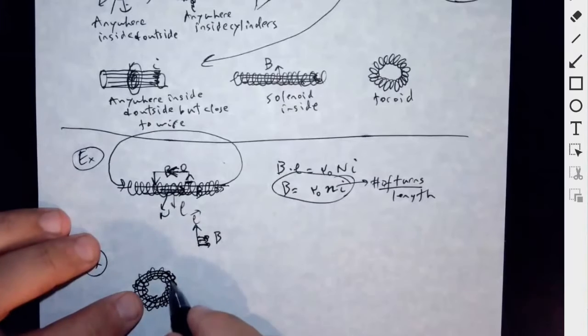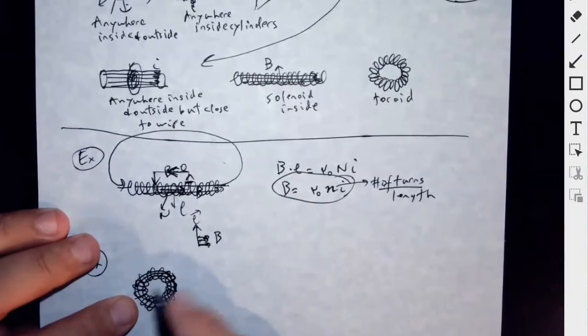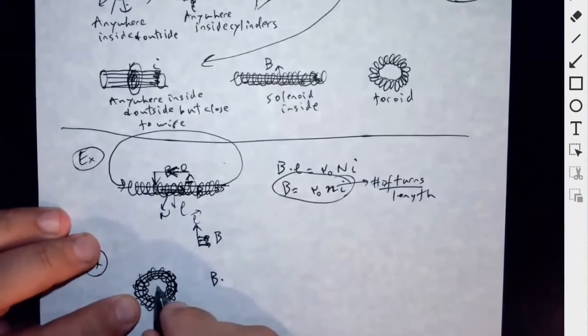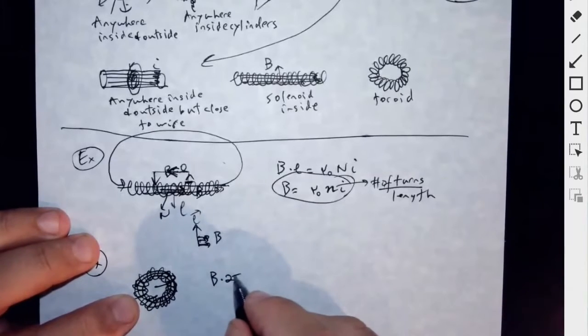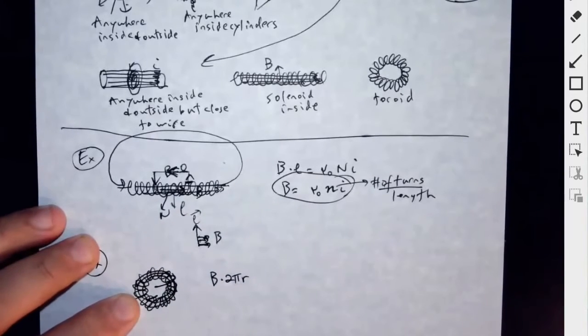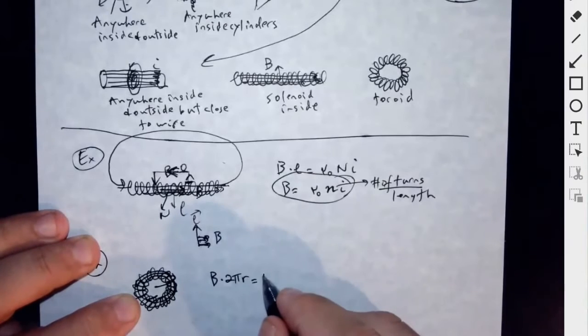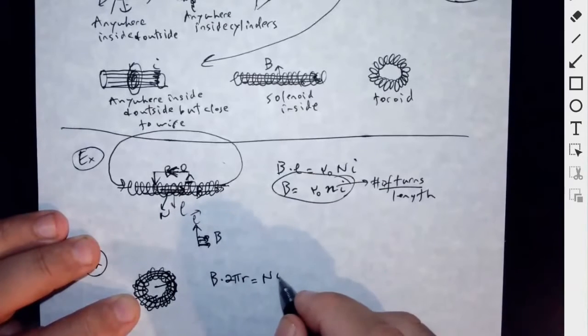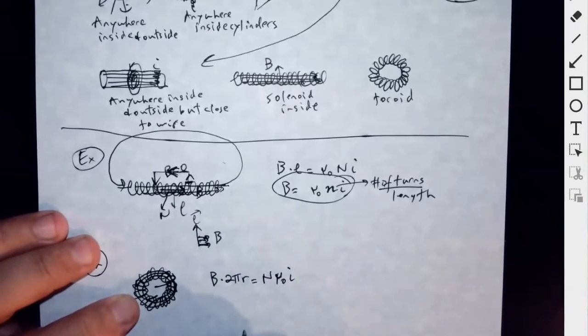So then if you do the Amperian loop this way, it's just going to be B times the distance 2 pi r, right? And that's equal to mu 0 times the number of turns times the current enclosed. And that's it, basically. B equals mu 0 N I over 2 pi r.